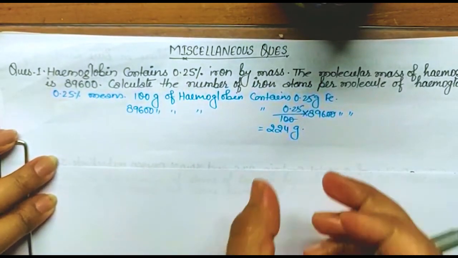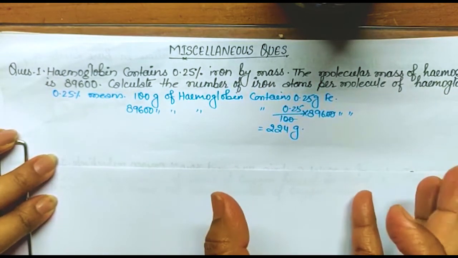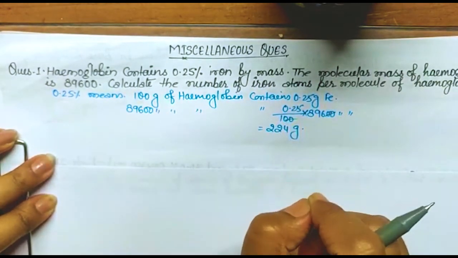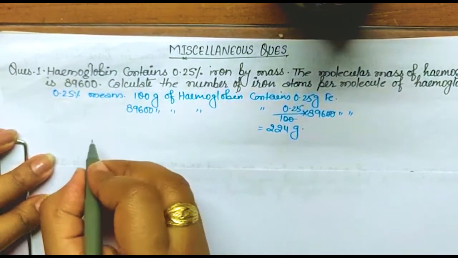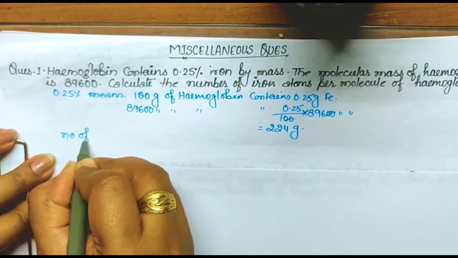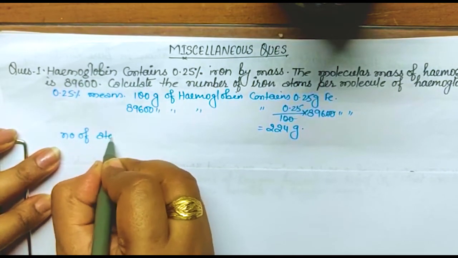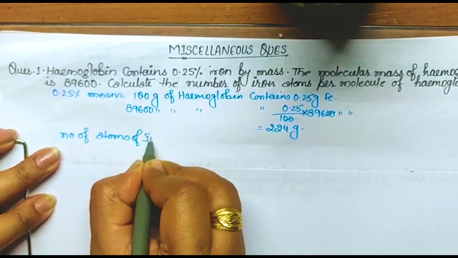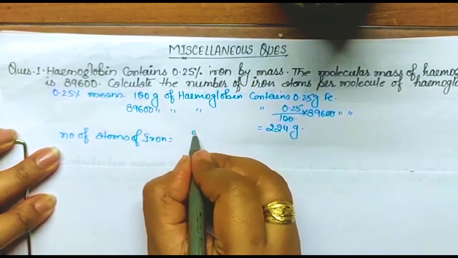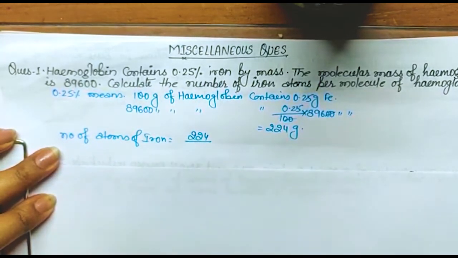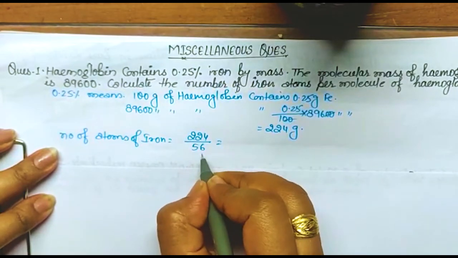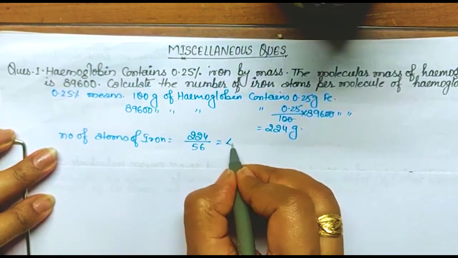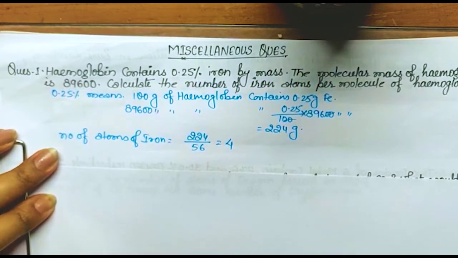This is the total weight of iron, so we will find the number of atoms in this weight. The total weight is given as 224, and the weight of one iron atom is 56, isn't it? So in this it will be exactly 4. Yes, 4. So the number of atoms we got is 4.